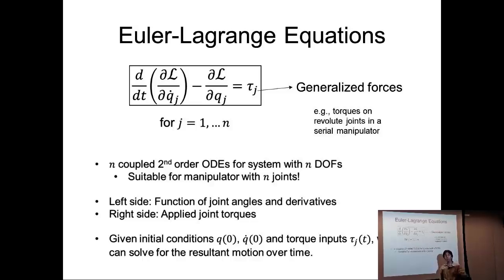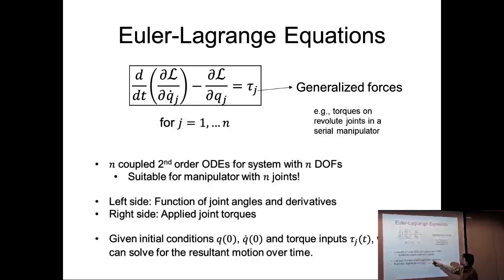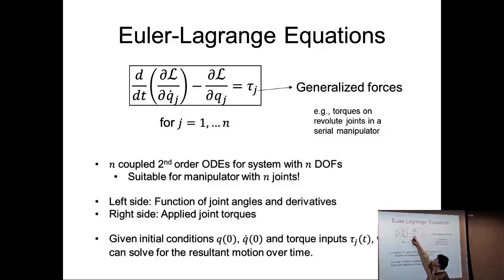In other words, coupled differential equations are ones where variables from all the different coordinates appear in all the equations. Again, we should stress that this is a function of the joint angles and joint velocities. Your L is a function of q and q dot, where the right-hand side, that's your applied torque onto the jth q or q dot variable.